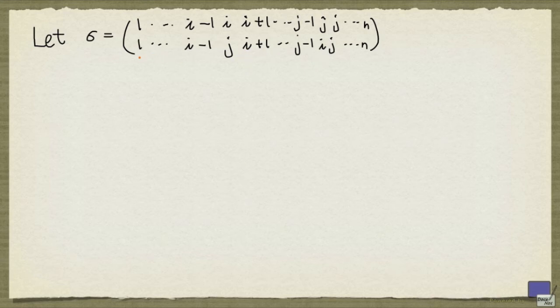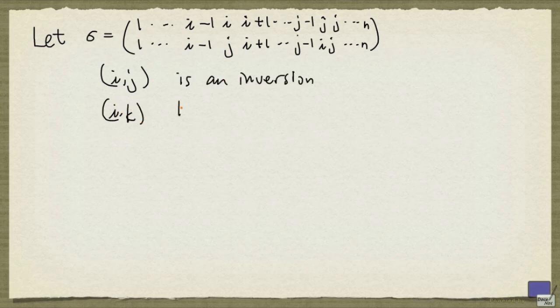First of all, there are no inversions involving these elements. And there are also no inversions involving these elements. (i, j) is obviously an inversion. But if we look at the pair (i, k), where k is between i plus 1 up to j minus 1, so I'm looking at pairs like this, then it gives an inversion because j is bigger than any of these here.